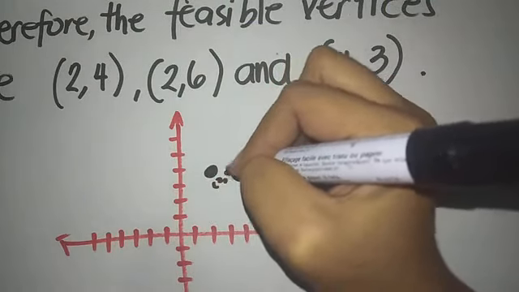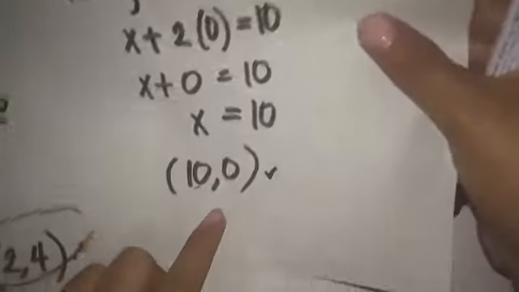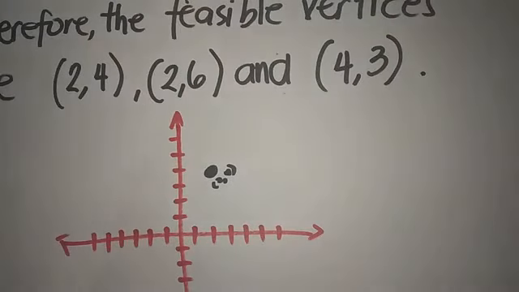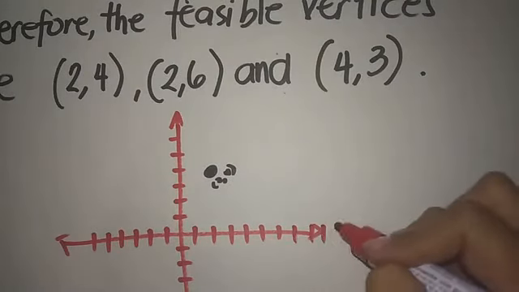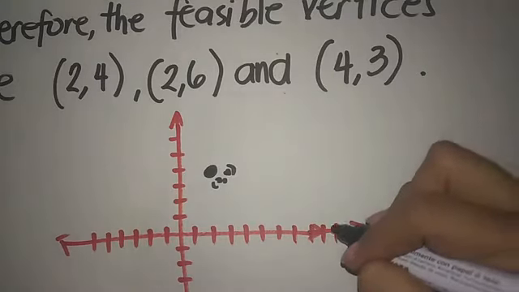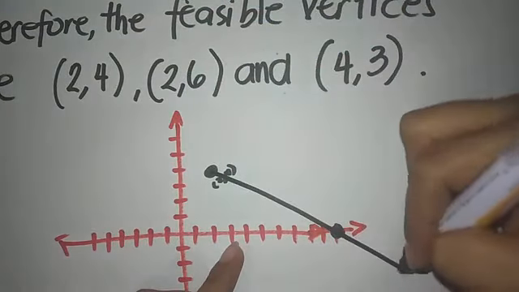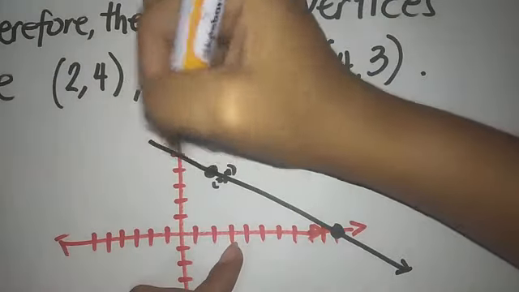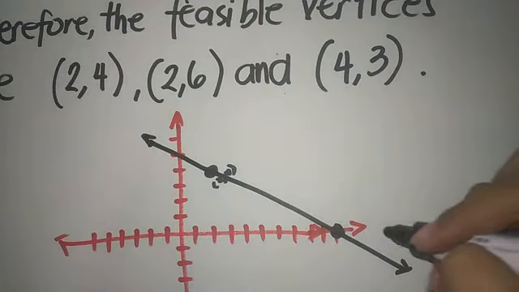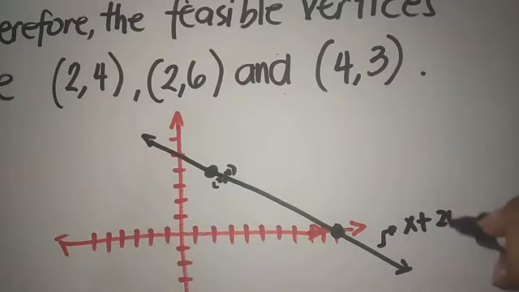Next, 10 and 0; let's label 6, 7, 8, 9, 10. So, 10 and 0. Connect them. This is the equation x plus 2y is greater than or equal to 10.